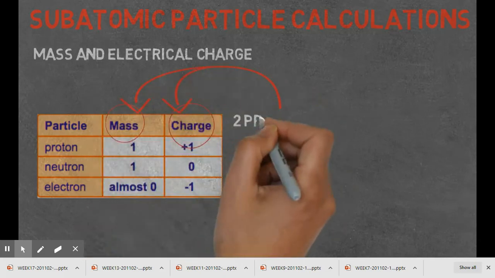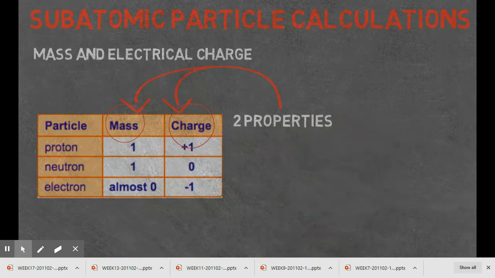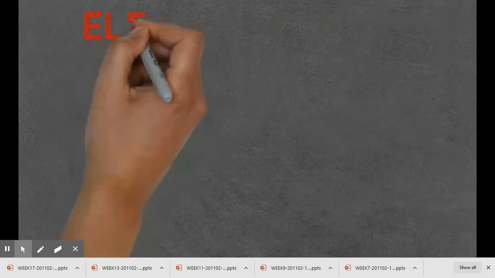Whereas if we look at the neutron, it has the same mass but a different charge, as neutrons are neutral. Lastly, electrons have almost zero mass and a negative charge. An easy way I find to remember the charges is pro for proton is positive, nu for neutral, neutron as nu, and electron is the only one left, so it is negative.